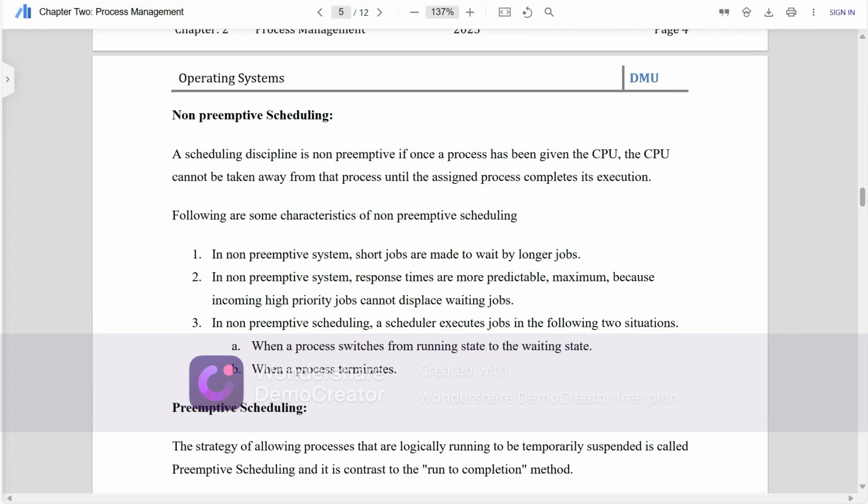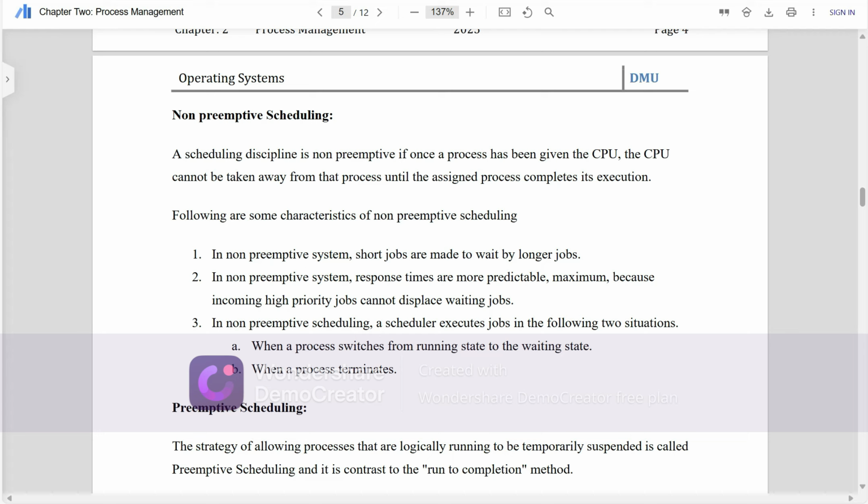In non-preemptive scheduling, once a process has been given the CPU, the CPU cannot be taken away from that process until the assigned process completes its execution.